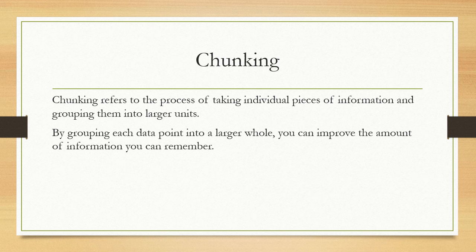This is very common, especially when we are remembering a phone number. We usually divide the numbers into some larger units. This is very useful for helping us remember something.